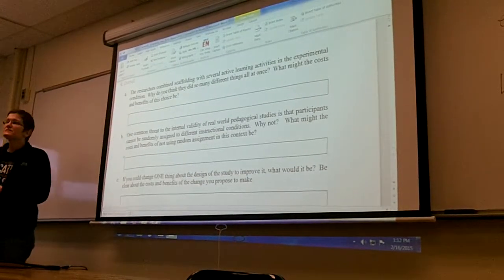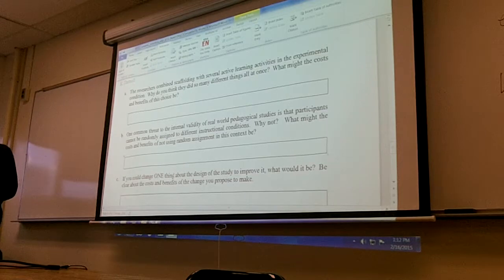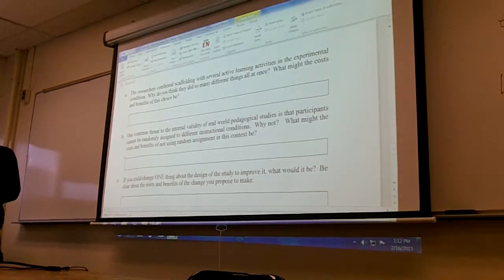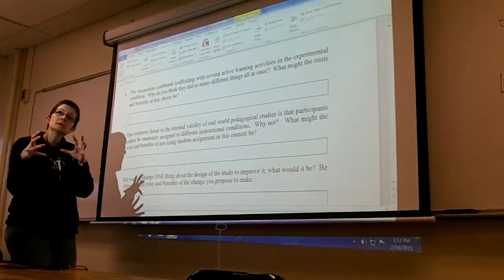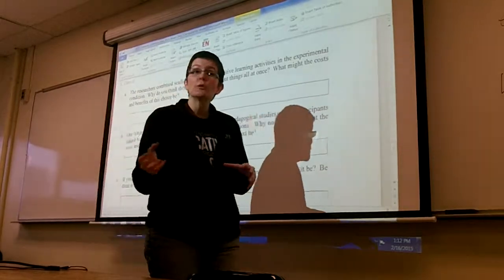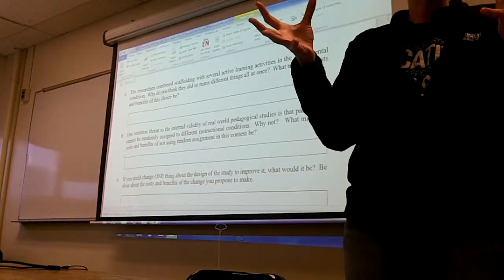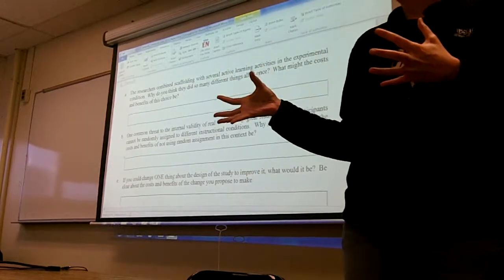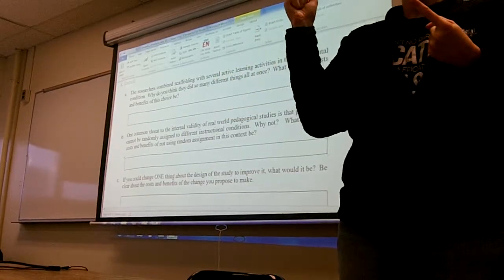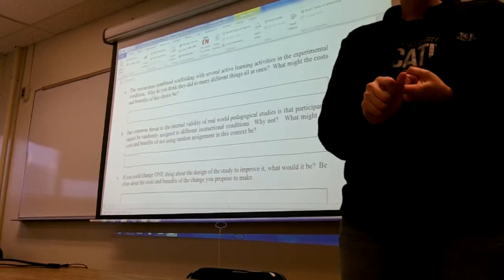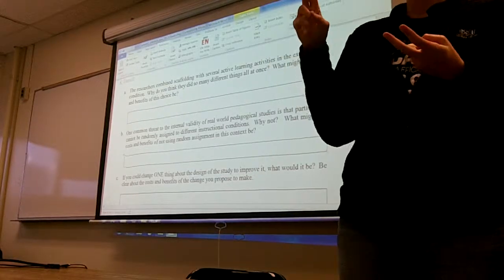So they combined several different activities all at once. The difference between the experimental group and the control group was huge, right, in terms of what the teachers actually did. Based on what it says in the article, the students in the experimental group didn't get a chapter assigned to read.